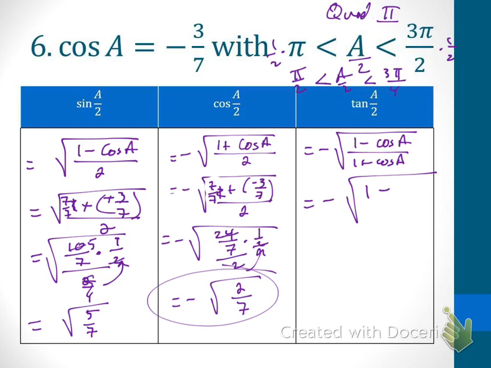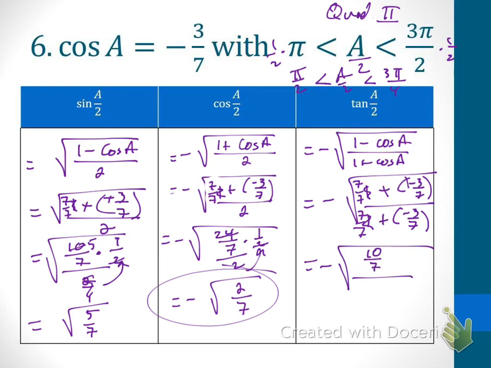We go 1 minus negative 3 over 7 all over 1 plus negative 3 over 7. If we get common denominators for our 1s, then we can combine our fractions. So 7 plus 3 is 10. 7 minus 3 is 4. We're going to flip this guy over and multiply. The 7's divide out.